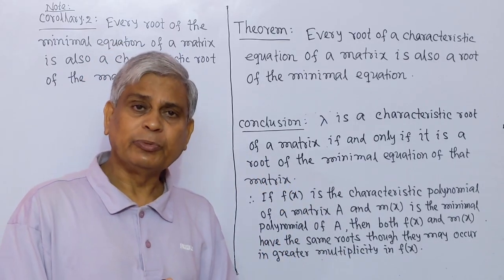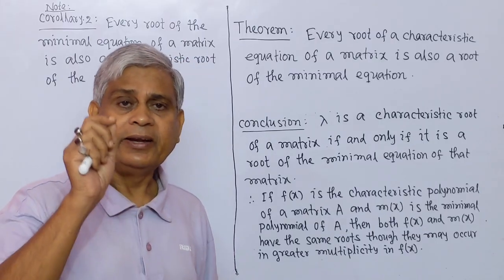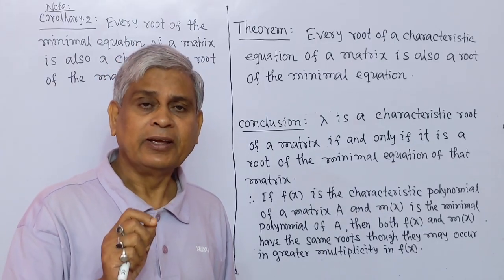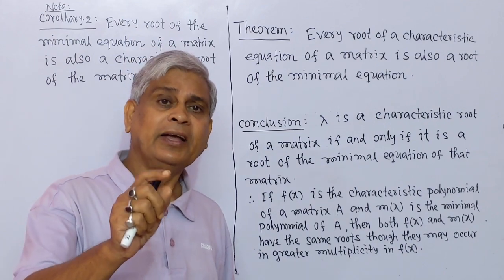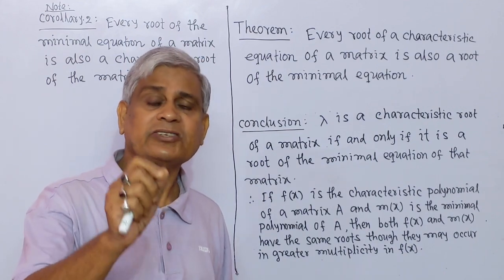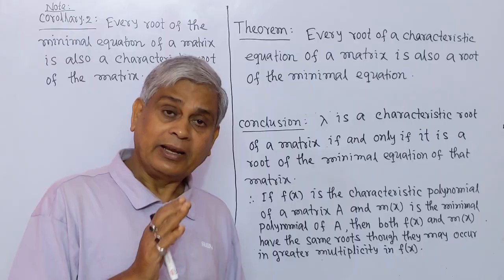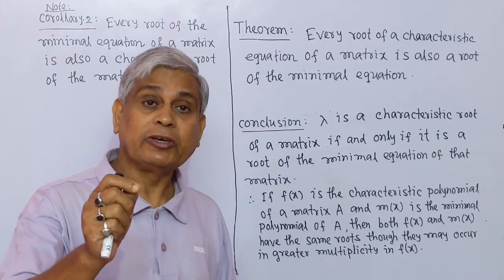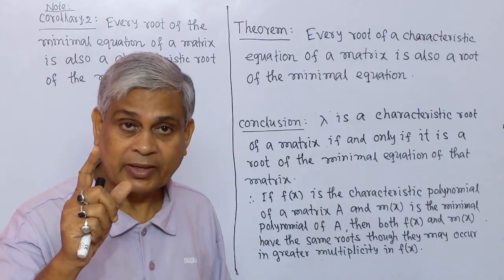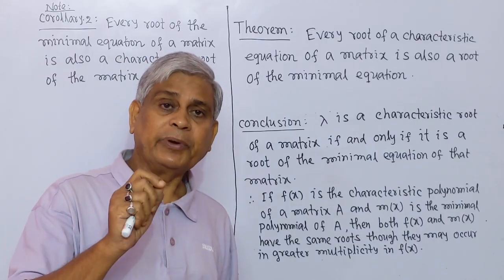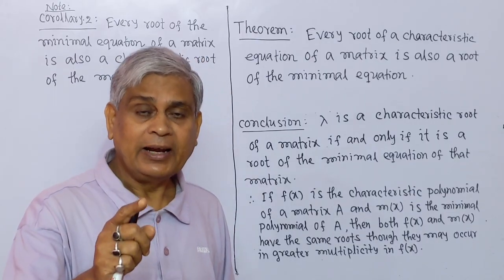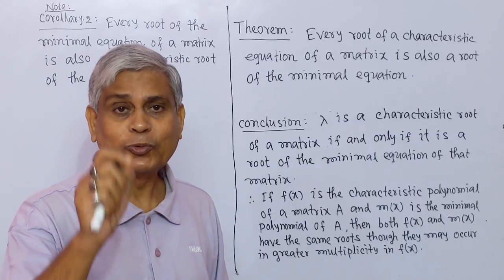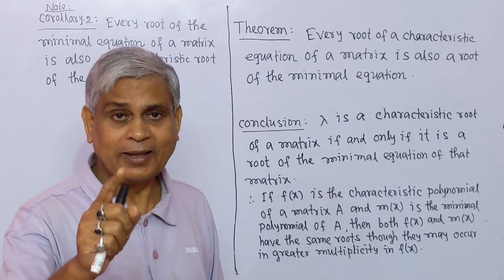It may be possible that the degree of the minimal equation be less than the degree of the characteristic equation. But roots of both equations are same. Since if n is the degree of an equation, then number of roots is n.